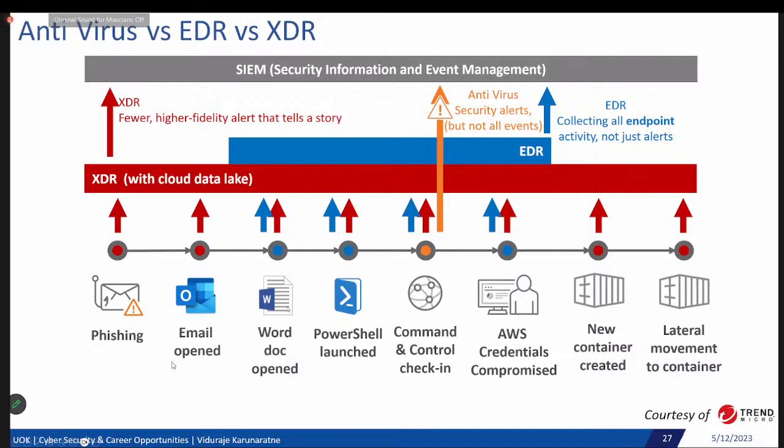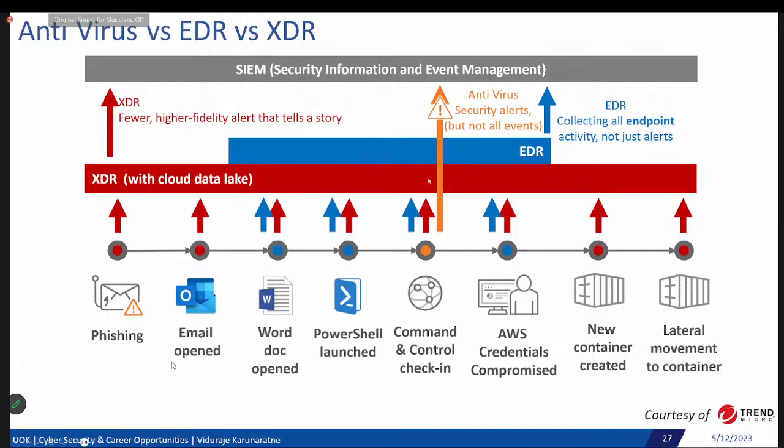You download that Word document with the macro, and then PowerShell gets launched. The command and control is checking in. It will deploy itself here. It will search your storage, like the local hard disk space and memory, to steal any credentials, and so on and so forth, right? After the credentials, the game is over.